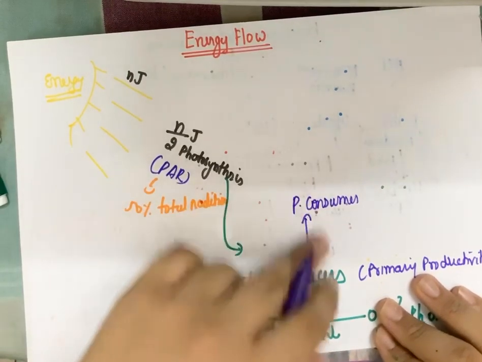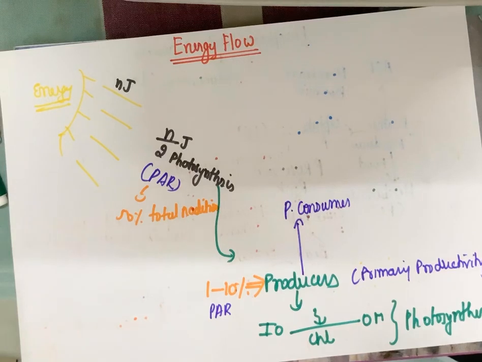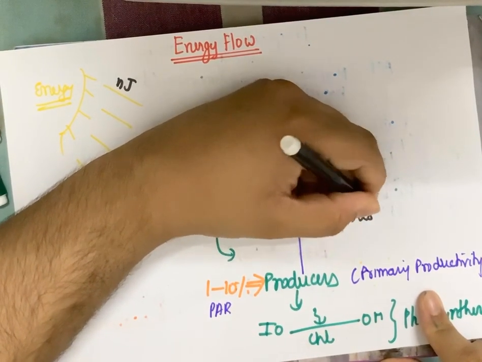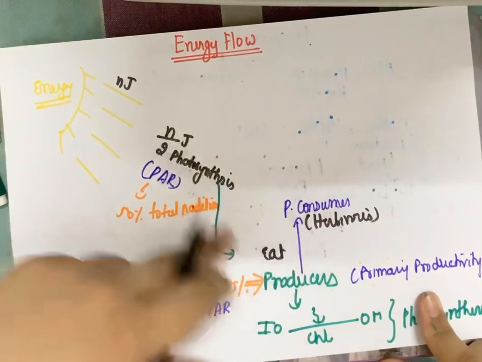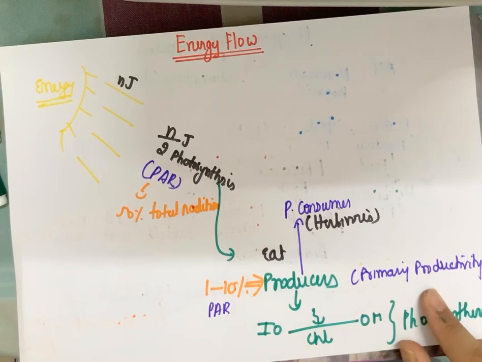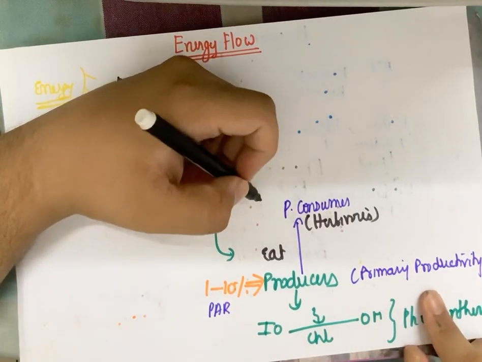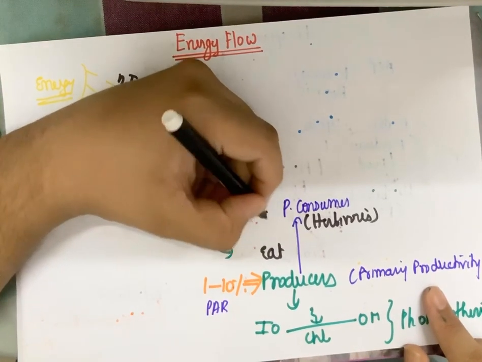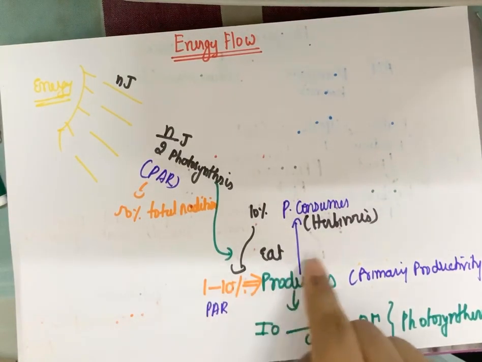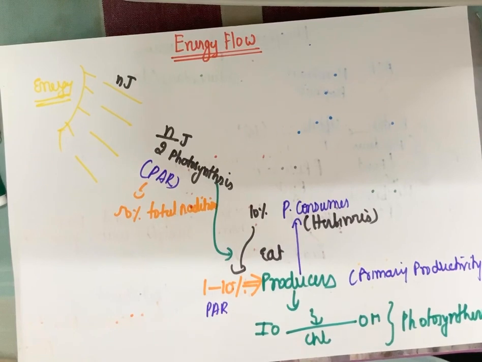The primary consumer actually means the herbivores. The herbivores will eat the plants and this energy will get transferred to the herbivores. How much energy will be transferred? The amount of energy which will be transferred is 10% of the energy which was available here. 10% of the energy which the plants got will be taken up by the primary consumer, which is the herbivore.